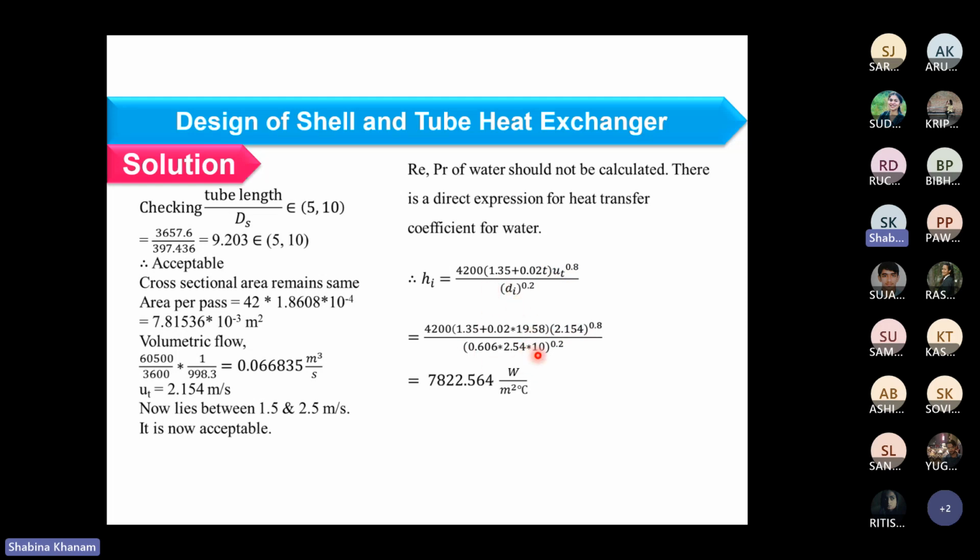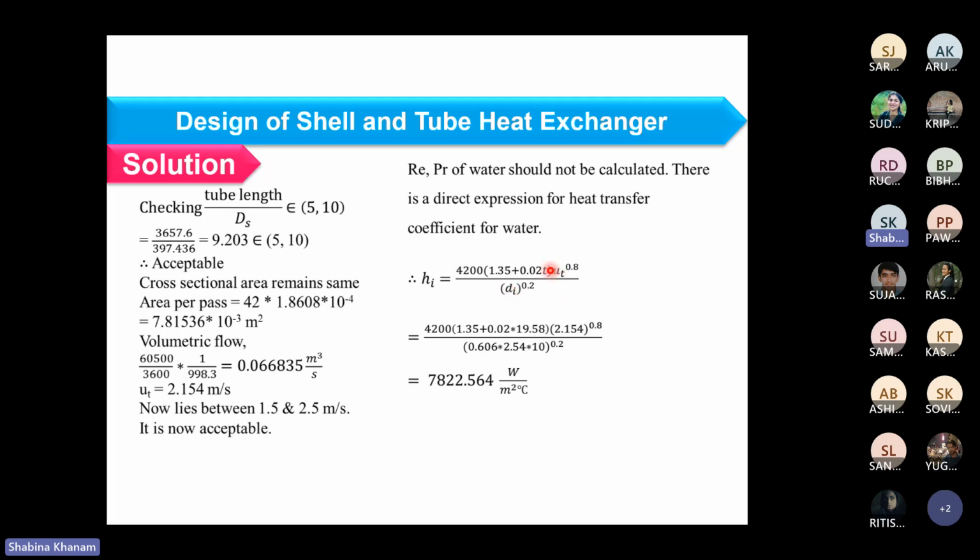But you need to keep one thing in mind, that this ID should be in mm. You don't need to match the units because these are empirical expressions, not conservation based equations. These equations are derived from experiments.